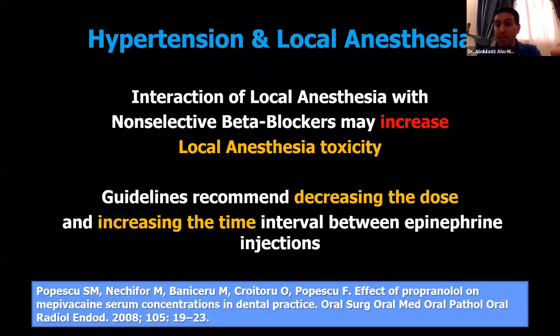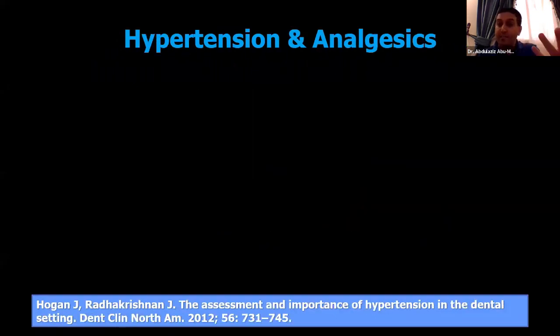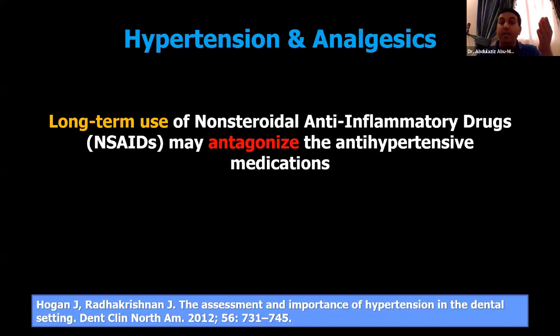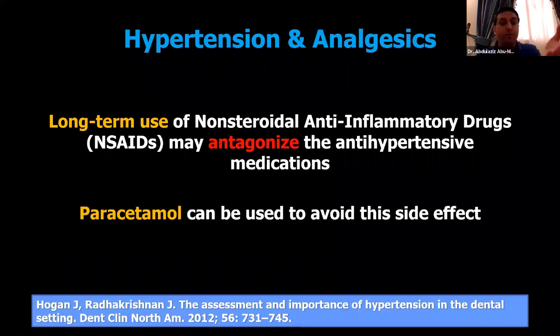That means 0.04 milligram. For analgesics, NSAIDs like ibuprofen should not be used. The safest we can use is paracetamol, the acetaminophen. This is the best thing you can use with these patients, either normal or pre-hypertensive.